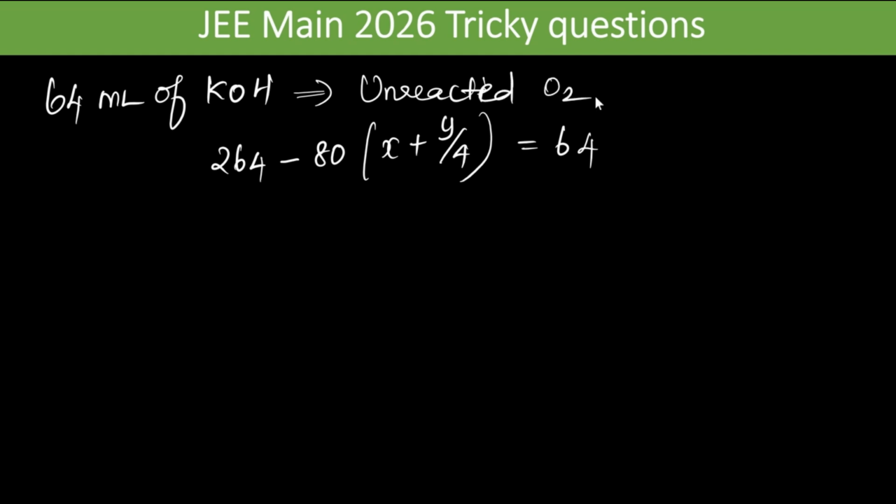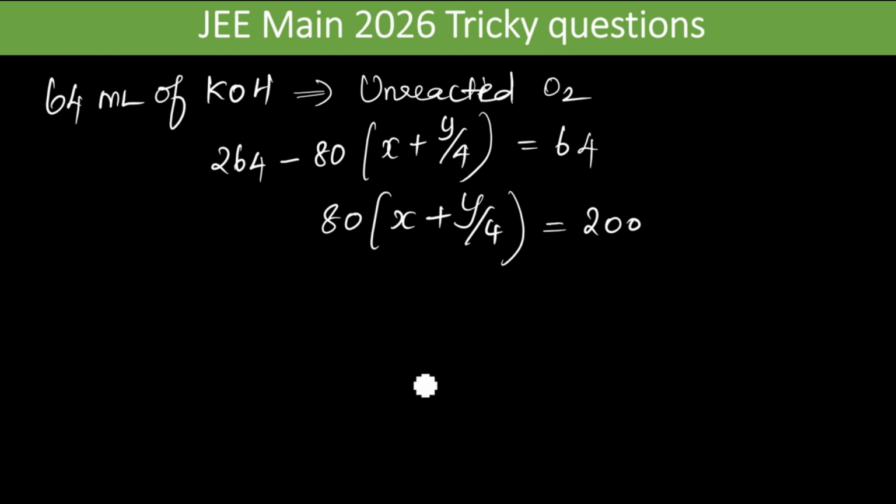Simplifying this to get 64, 264 minus 64, overall I'll get 200, correct? So x plus y by 4, that is 2.5, correct?